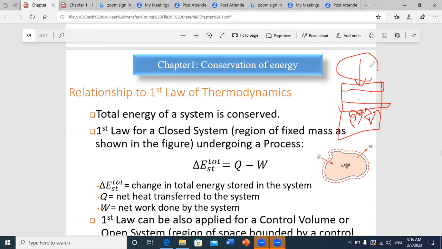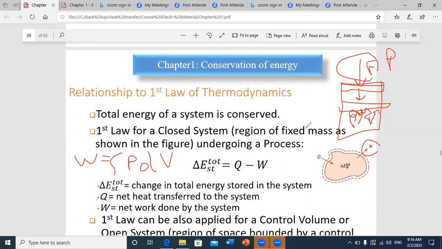Whenever I apply a force on a certain area, I have a pressure and I am inducing displacement. Force with displacement will lead to work. And we'll see together that work can be mainly calculated as integral P dV in a closed system.